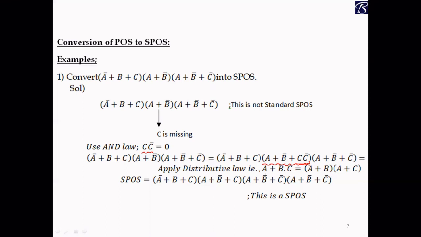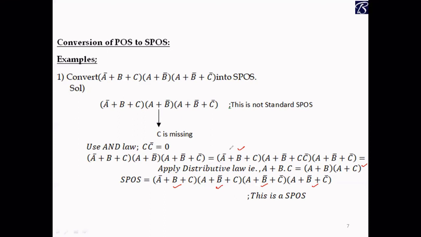We know that A plus BC equals A plus B, A plus C. So apply this distributive law, then we'll get this term as it is. And this term, two terms we'll get, A plus B bar plus C, A plus B bar plus C bar. And this term is the same, A plus B bar plus C bar. So now this is a standard POS where all the sum terms consist of all the variables.